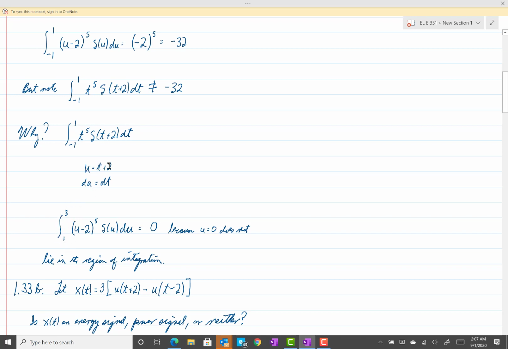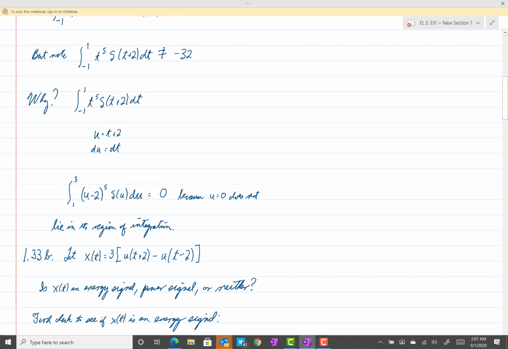Okay, again, u is equal to t plus 2. So when t is -1, u will be +1. So the lower limit is +1. And when t is equal to the upper limit, 1, well, u is equal to 1 plus 2, which is 3. So after the change of variable in this integral, we get this expression.